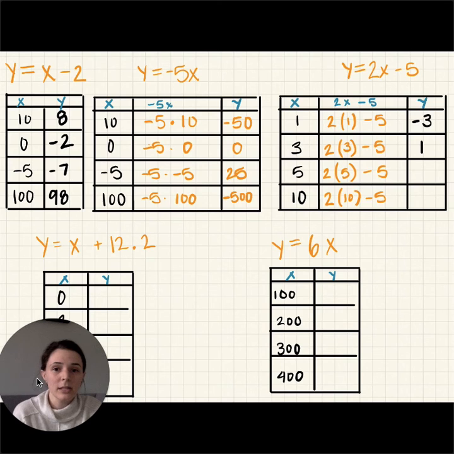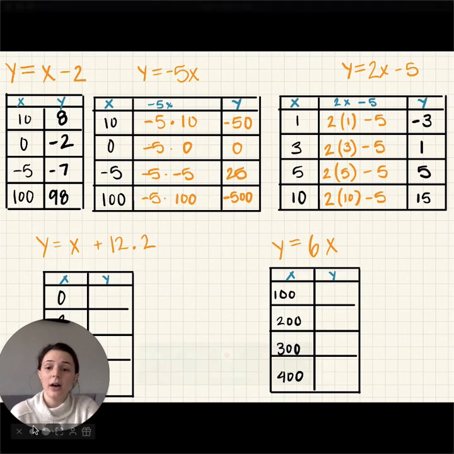I think the biggest mistake that people make is they'll just do one step and not the other one. So they'll either multiply it by 2 or subtract 5, but not do both. So you want to make sure you're doing both steps. 2 times 5 gives us 10, minus 5 is 5, and 2 times 10 is 20. 20 minus 5 is 15.